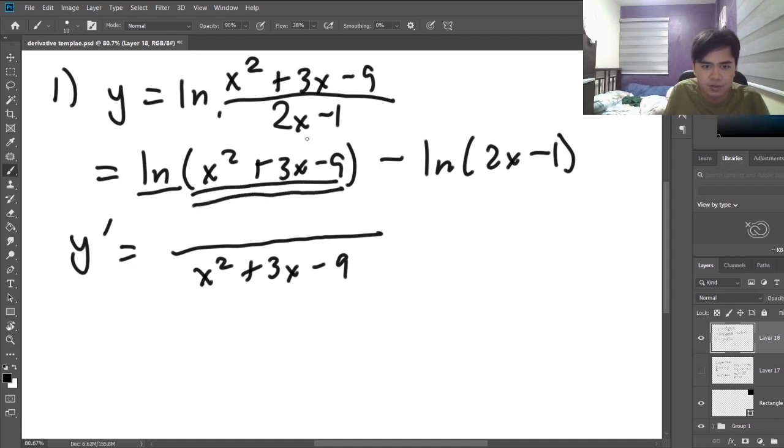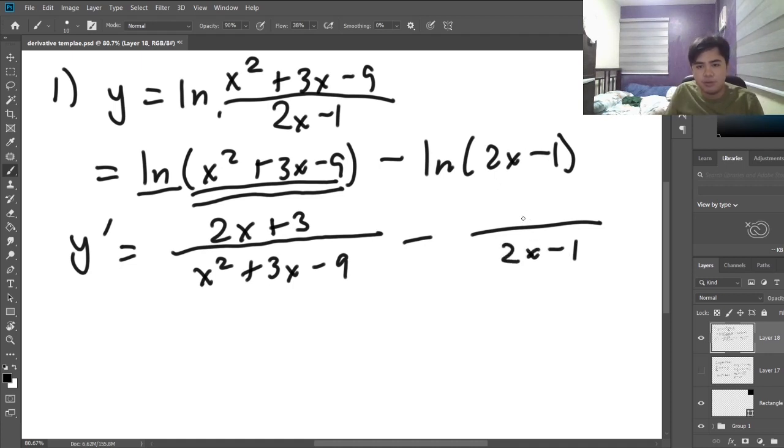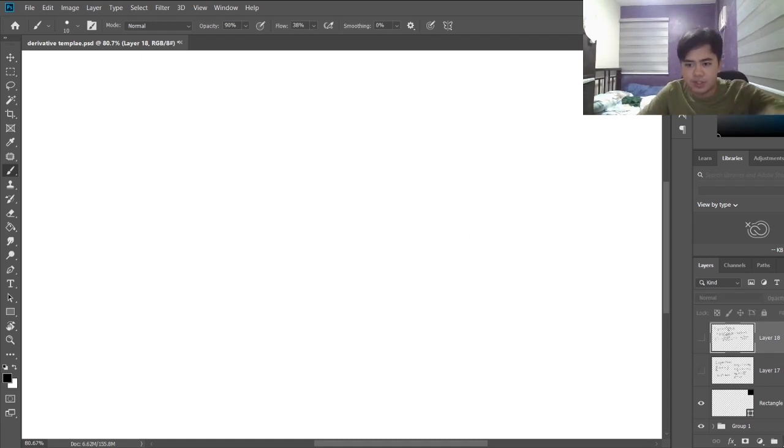All right, so we have to find the derivative of this. So it's going to be 2x plus 3 minus, we're going to find this is the denominator, 2x minus 1, and then at the numerator we have the derivative of 2x minus 1, which is going to be 2. So that's the answer. It's much easier that way, you know. Number 2.